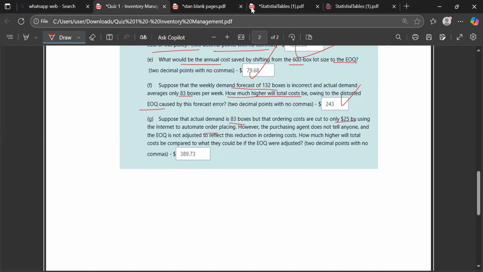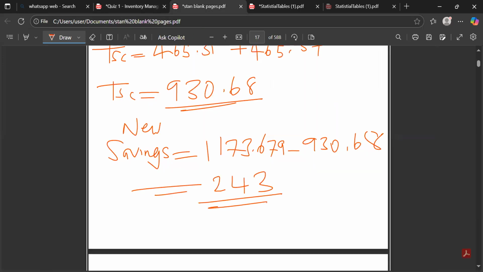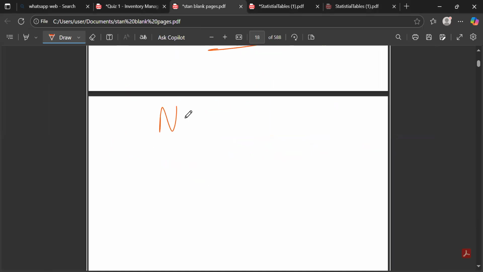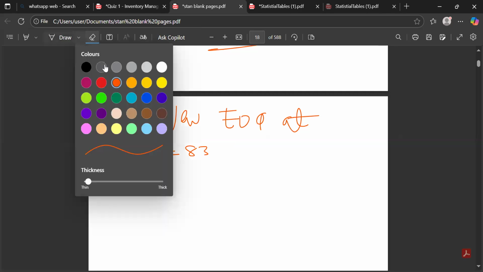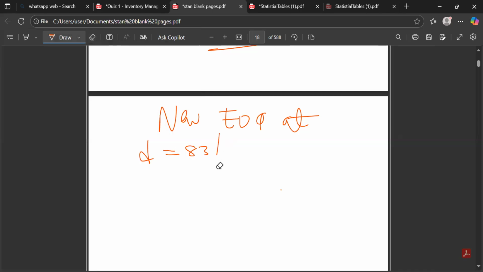So we are going to find a new EOQ at demand per week of 83, and then the ordering cost becomes $25.